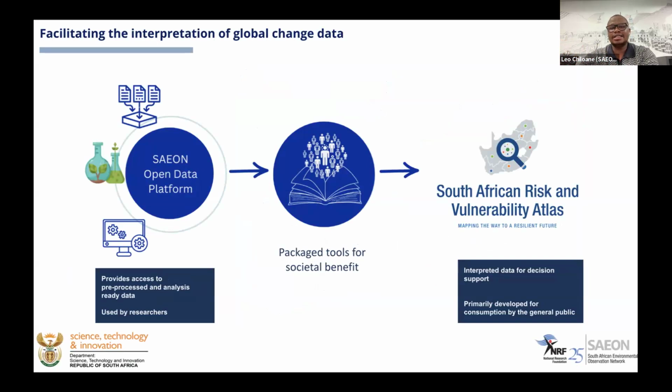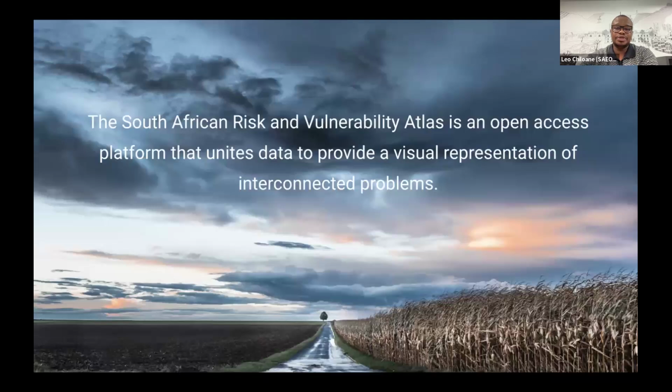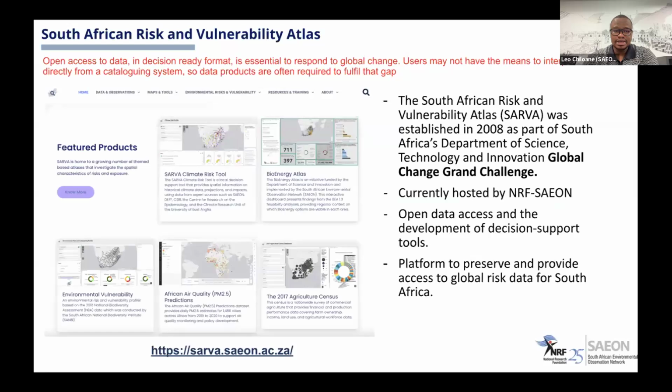And for that, they expect data to be interpreted to a certain degree. So we have been contracted to host the South African Risk and Vulnerability Atlas to help with local decision support. So it's an open access platform that unites data to provide visual representation of interconnected problems.